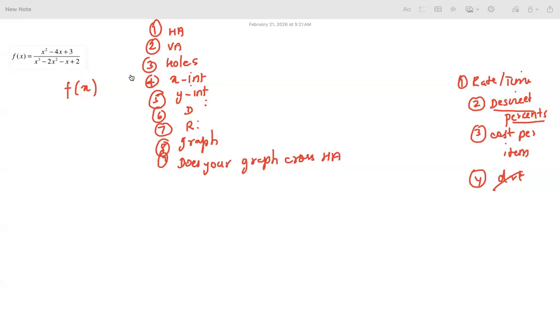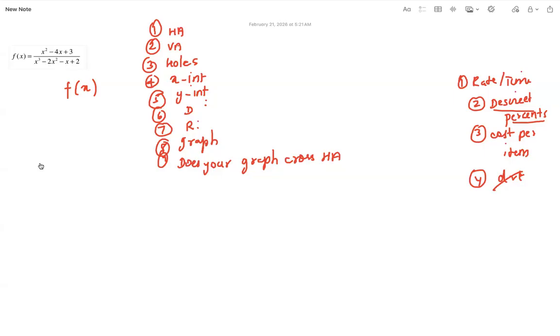You can send it to me in chat. Hole, you have to write it as a coordinate point, because it will have an x and a y value, right?